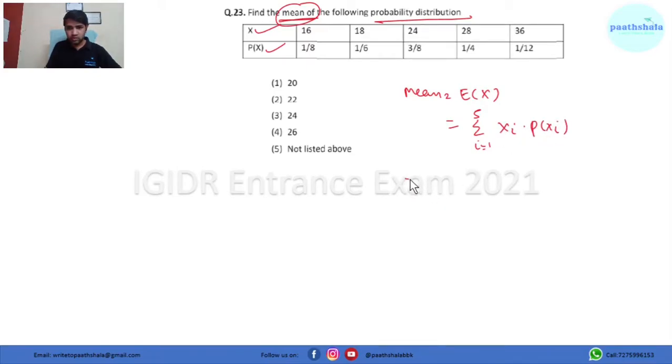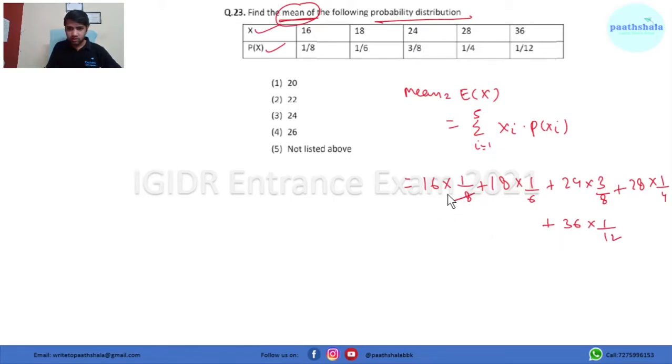So this will come out to be 16 into 1 by 8 plus 18 into 1 by 6 plus 24 into 3 by 8 plus 28 into 1 by 4 plus 36 into 1 by 12.